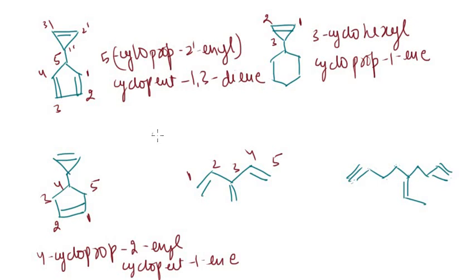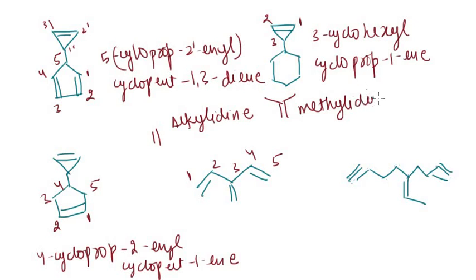Now here we have to select this carbon chain, 1, 2, 3, 4, 5. When this double bond is directly attached to the substituent, we call it alkylidene. Like if this group is a substituent, then we will call it methylidene or methylene.